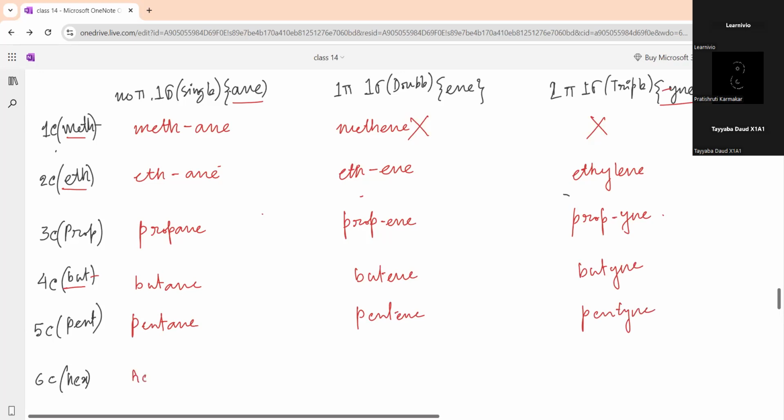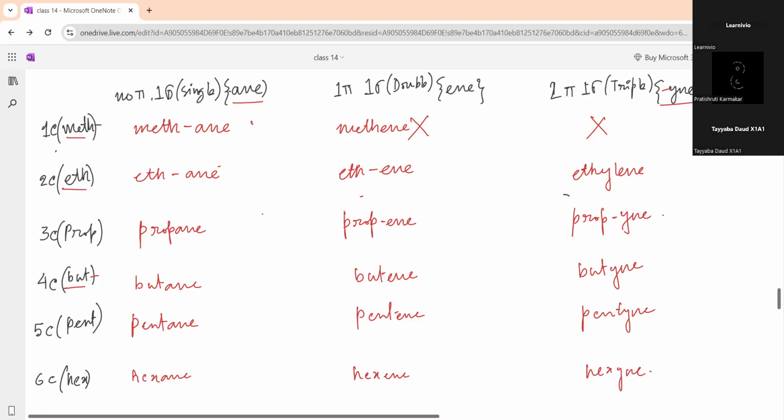And here we'll have hexane, hexene, hexyne.